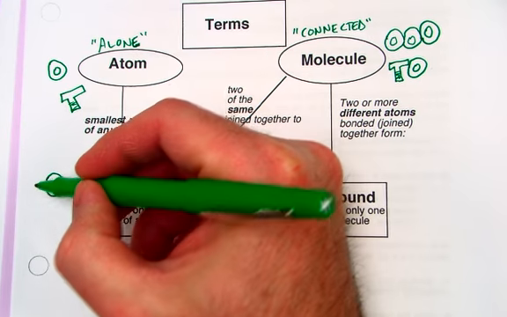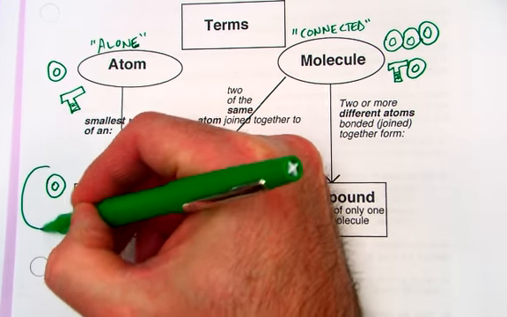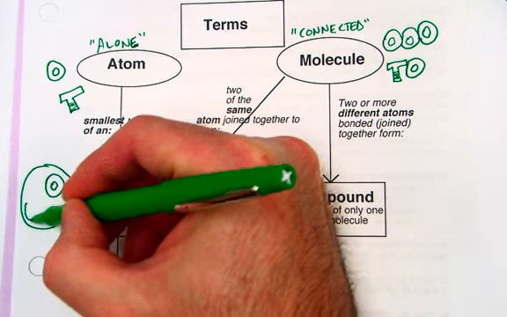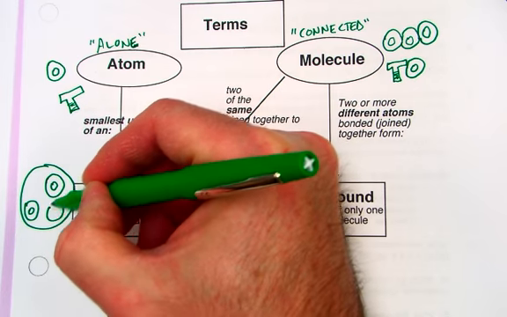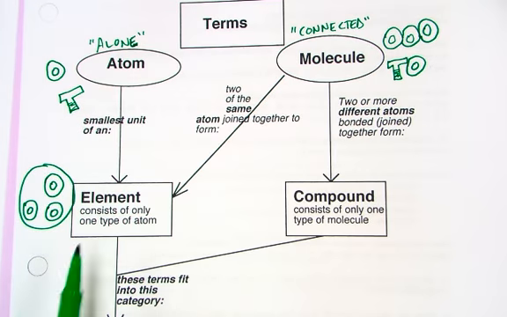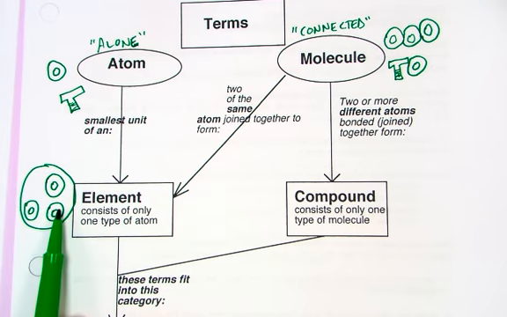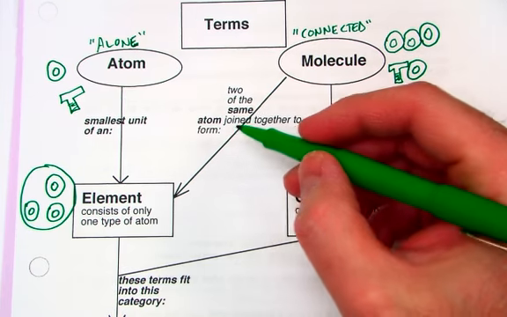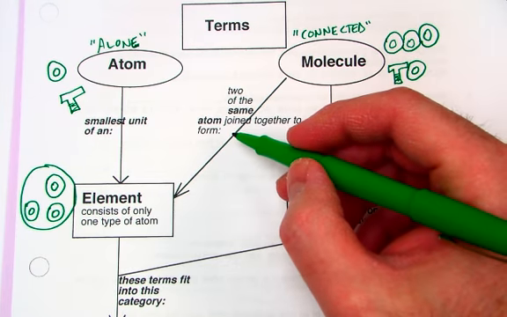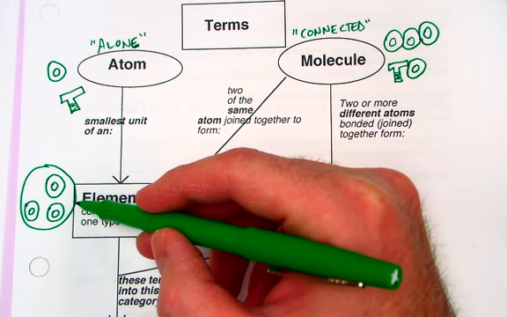So let's say you had a petri dish, and let's say you had this right here. That would be considered an element. A picture of an element yielding one type of compound. All right, so that's one way we could express what an element could look like.